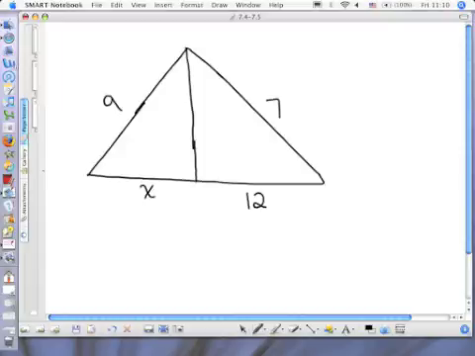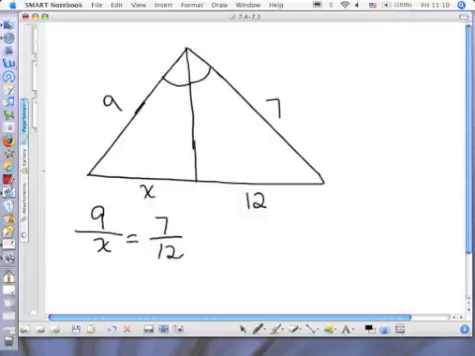No. You have to know that the angle is bisected, or if they tell you that it's similar, but we don't know that yet. If it's bisected, then I can set up a proportion where 9 over x is equal to 7 over 12. And then you can use your means of solving proportions to find the value of x.